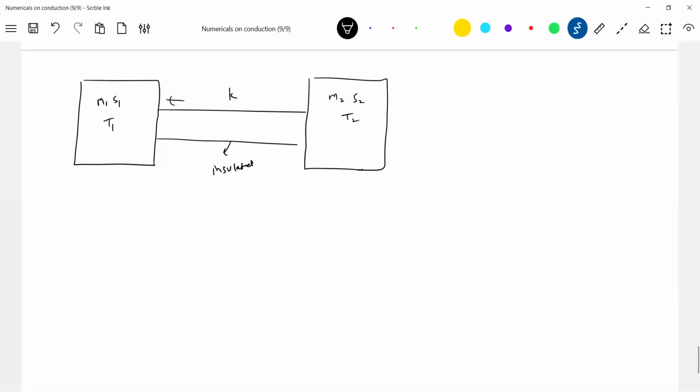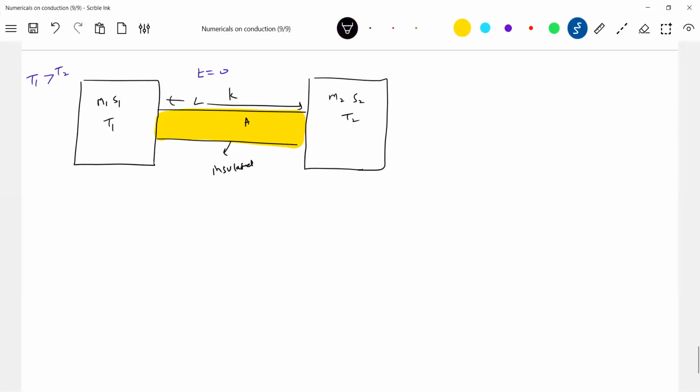Let L be the length of the rod, thermal conductivity K, area of cross section A. At t equals 0, the temperatures are T1 and T2, T1 greater than T2. Initially, what is the temperature difference? T1 minus T2. With time, what will the temperature difference be?